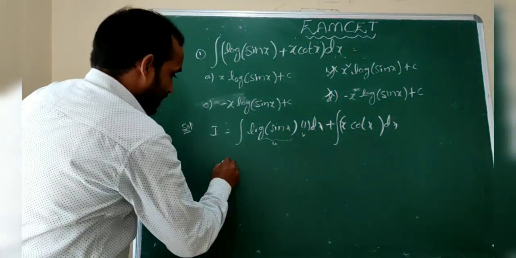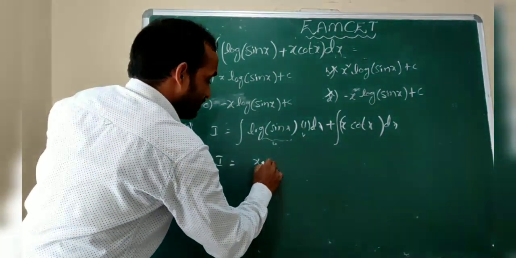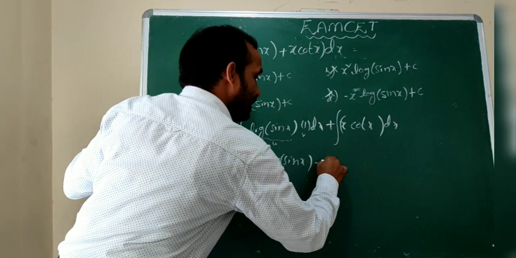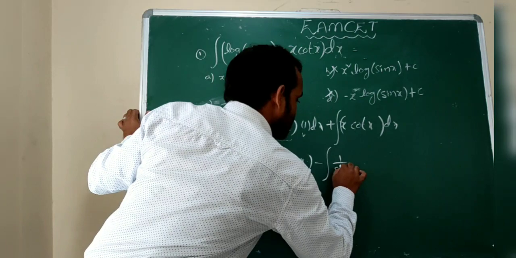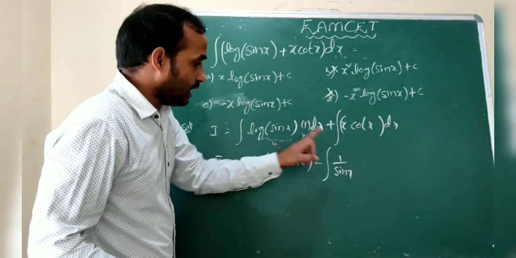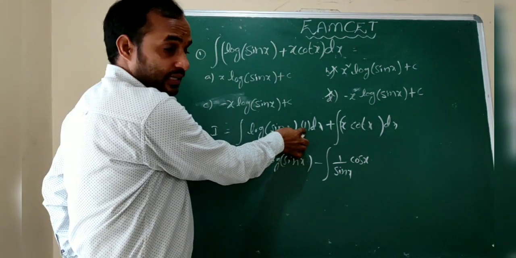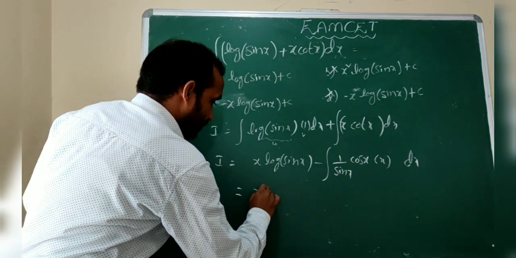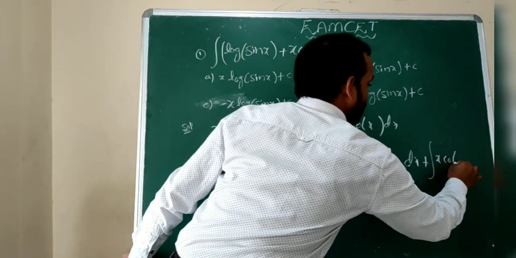So the solution: capital I is equal to x log of sin x minus the integral of the derivative of log, which means 1 by sin x into the derivative of sin x, which is cos x, into the integral of dx, which is x, dx. So that is equal to x log sin x, plus as it is the integral of x cot x.